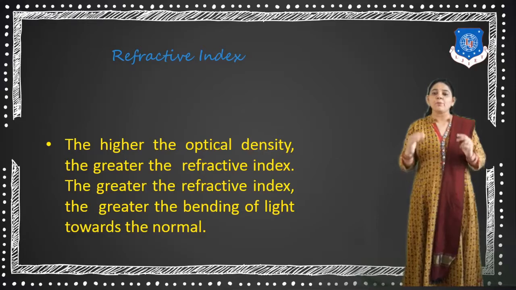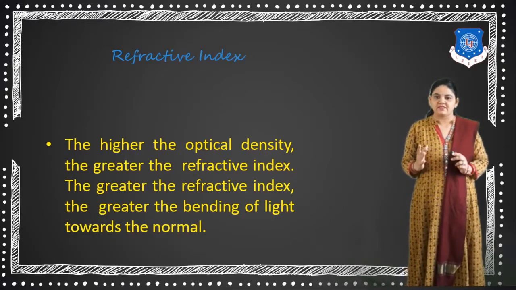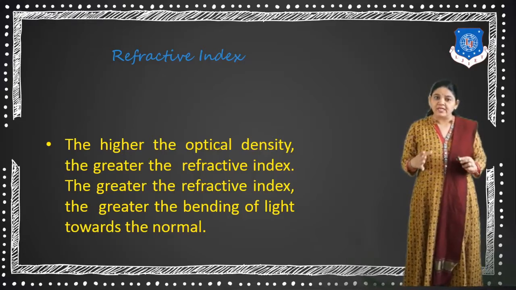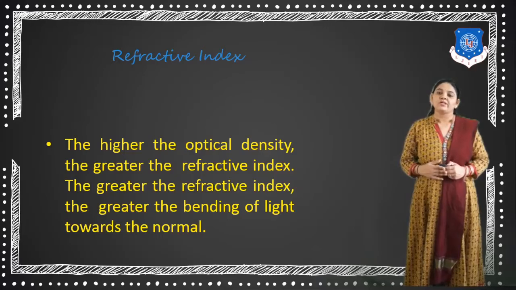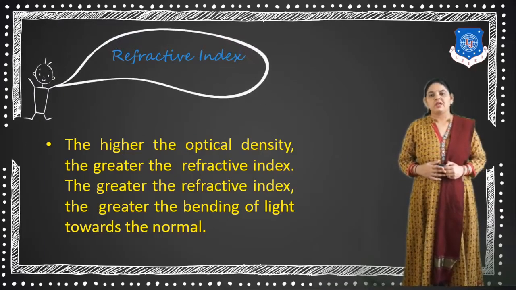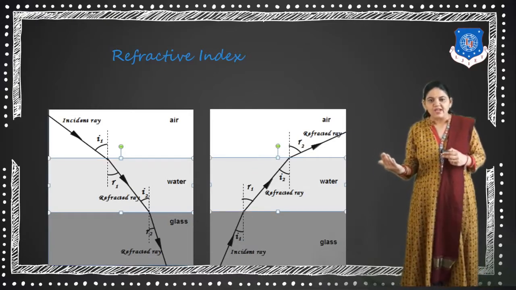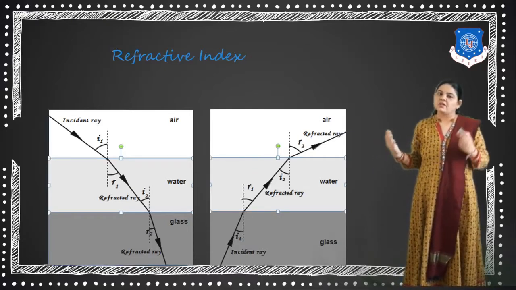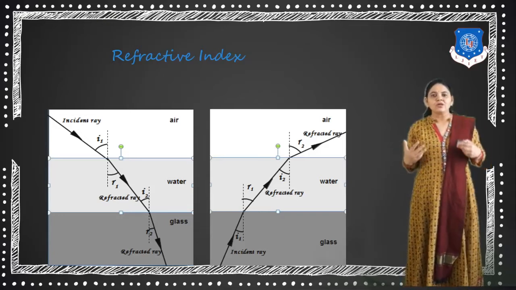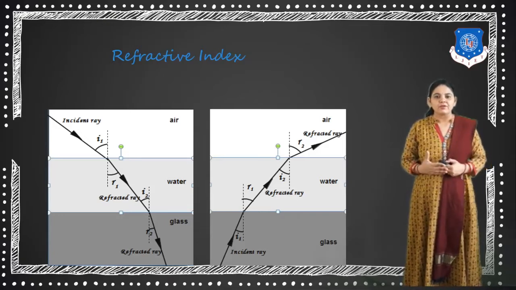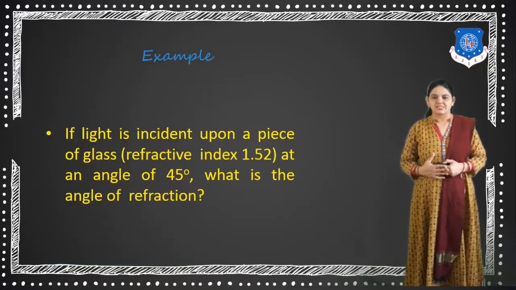The higher the optical density, the greater the refractive index, and the greater the refractive index, the greater the bending of the light towards the normal. Here again you can justify the same thing, how a higher refractive index affects the refracted light, which you can see in this diagram.